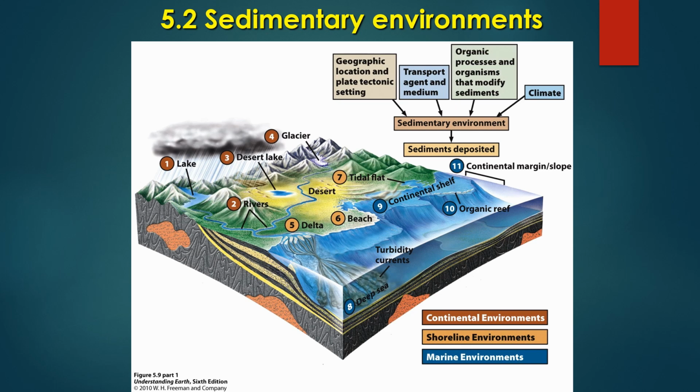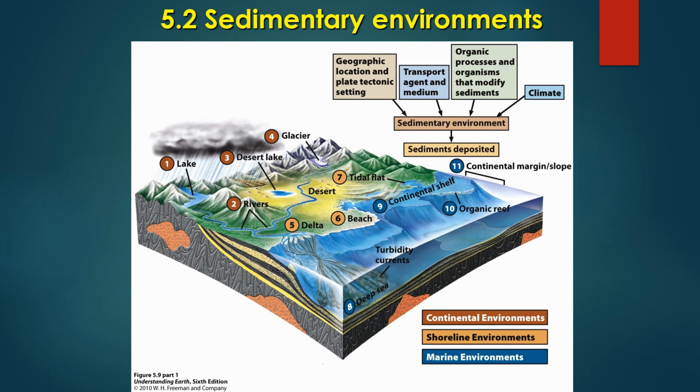Following the same logic, if we find rocks with gravel size, angular grains, and poor sorting, we can interpret that the rocks were formed in a near-mountain alluvial environment. And this information is very helpful for paleogeography and paleoenvironment reconstruction.